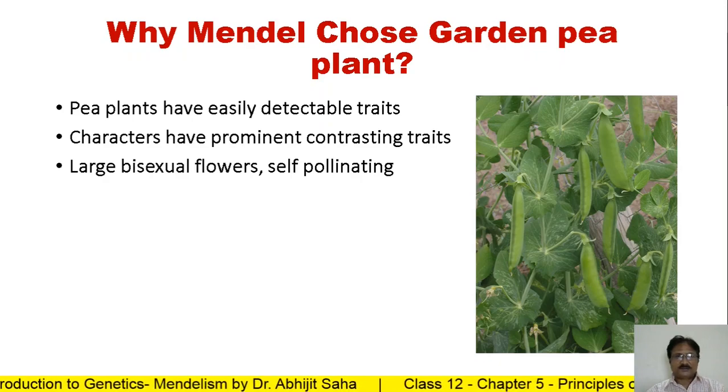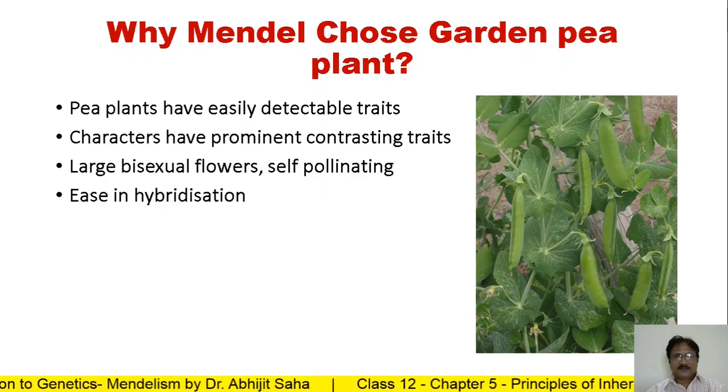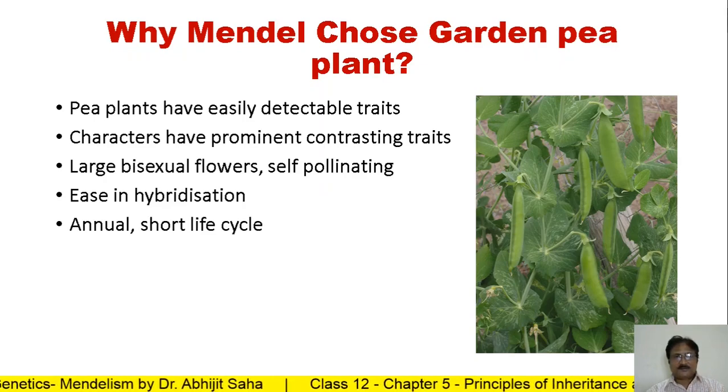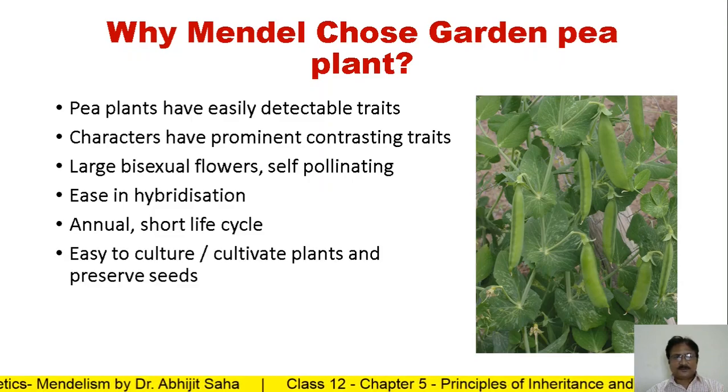Flowers are large, bisexual, and self-pollinating. Easy to hybridize. These plants have a short life cycle and are easy to cultivate, and the seeds are easy to preserve. Preservation of seeds is required because each seed is one generation. The seed, when sown in the next season, gives the result of the previous activities.